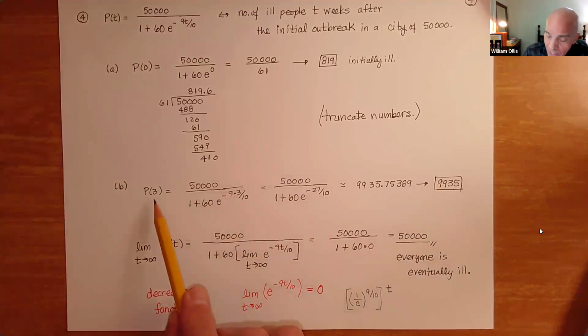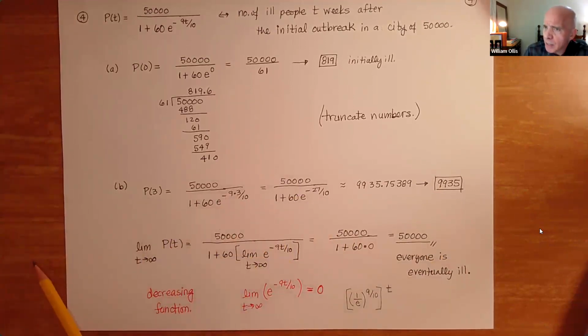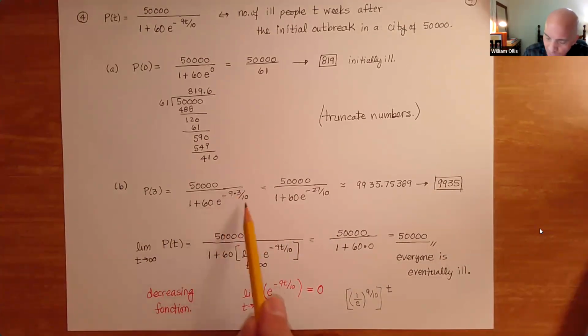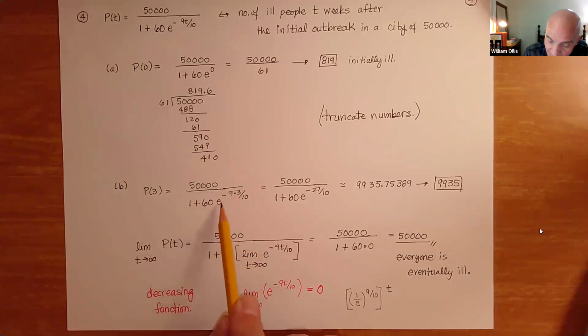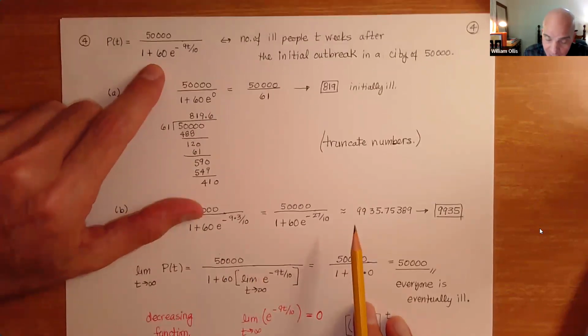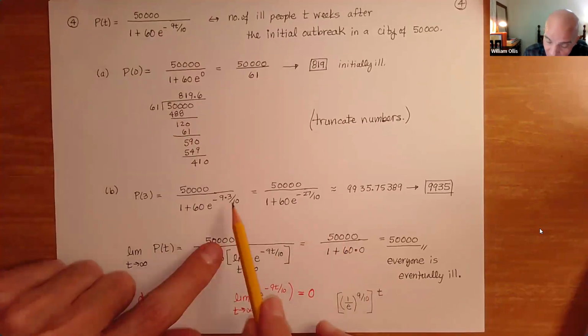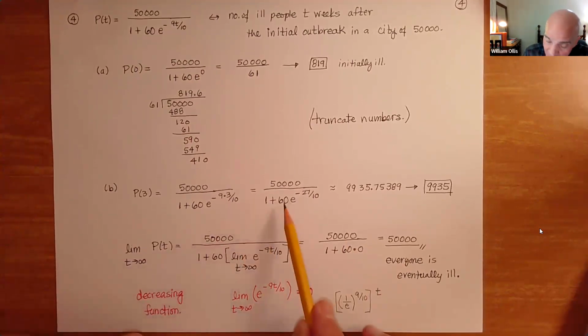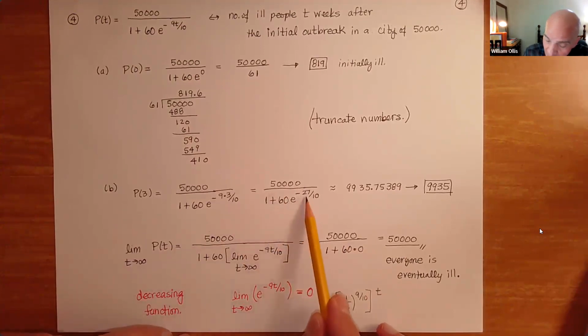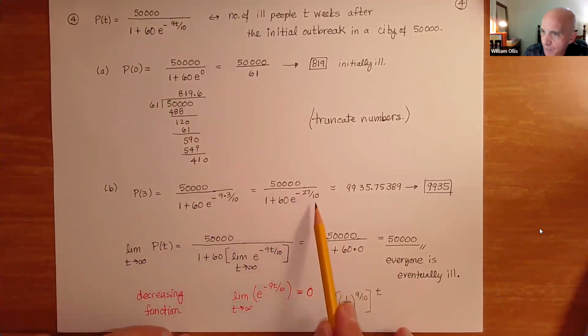So after 3 weeks, how many are ill? Well, again, you might be surprised by this. We have 50,000 over 1 plus 60e, and of course now we're replacing the t with 3, so we get negative 27 over 10. So now in the denominator, we have 1 plus 60 times e to the negative 27 over 10, which is like e to the negative 2.7.